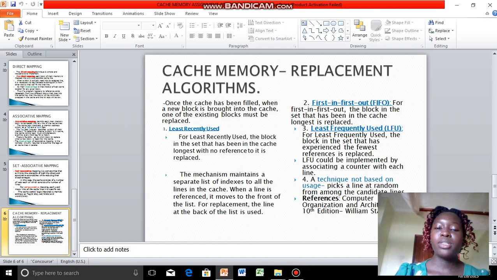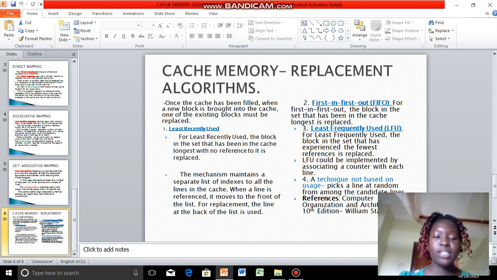Then moving on to the replacement algorithms. We see that once the cache has been filled and a new block is brought into the cache, then one of the existing blocks must be replaced. The replacement algorithms show us how to locate the block that will get replaced in the cache. First of all, we have least recently used as one of the algorithms. For least recently used, the block in the set that has been in the cache longest with no reference to it is replaced.